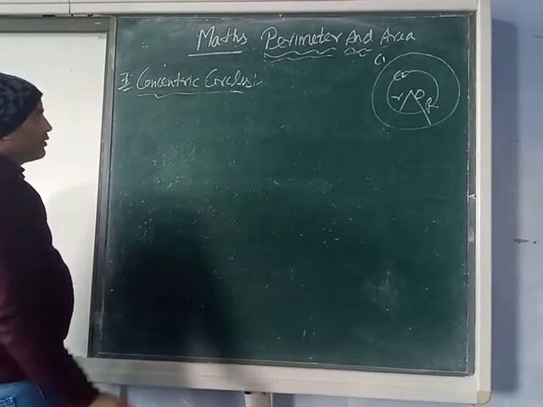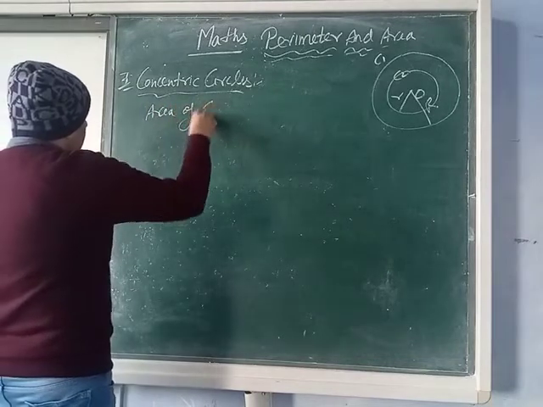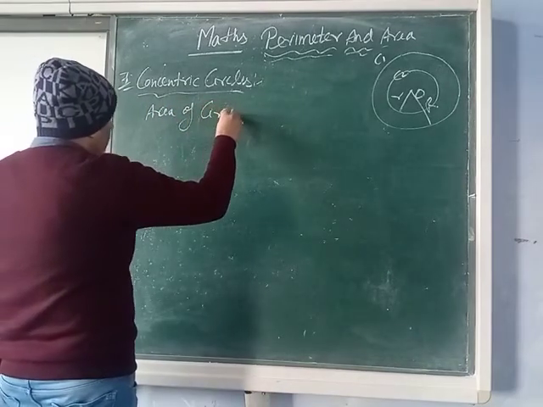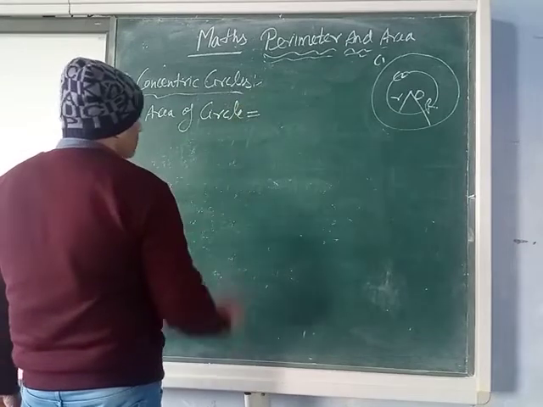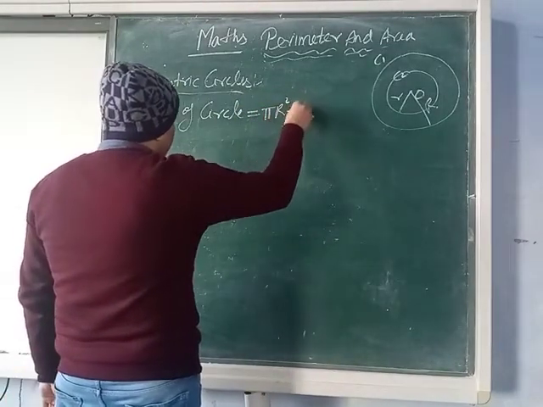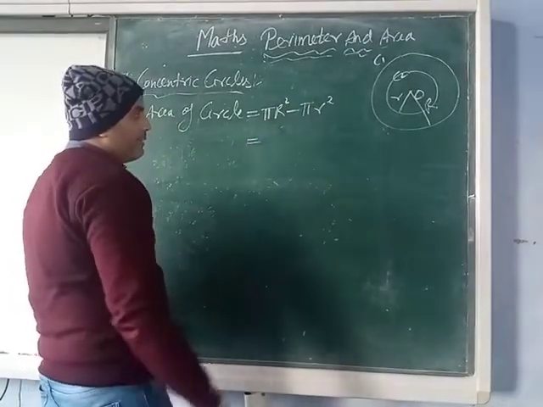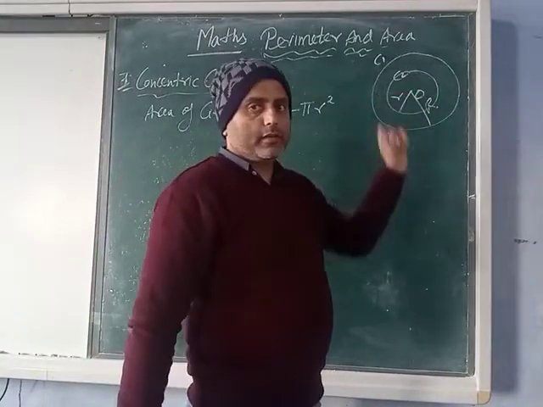Is it clear? So now in this you have to find the area. Area of the bigger circle is pi capital R square, and of the smaller circle pi small r square.